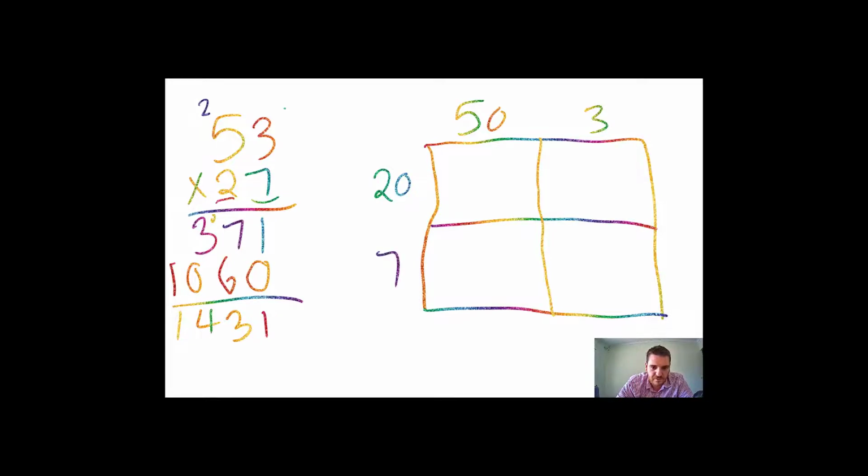It would make no difference if I had 20 and 7 at the top and 50 and 3 on the side, as long as the 50 and 3 are together, and I'm not splitting those numbers up. And now what I do is I times the number on the left hand side of each box and the number on the top of each box together, and then I'll add all of those numbers up.